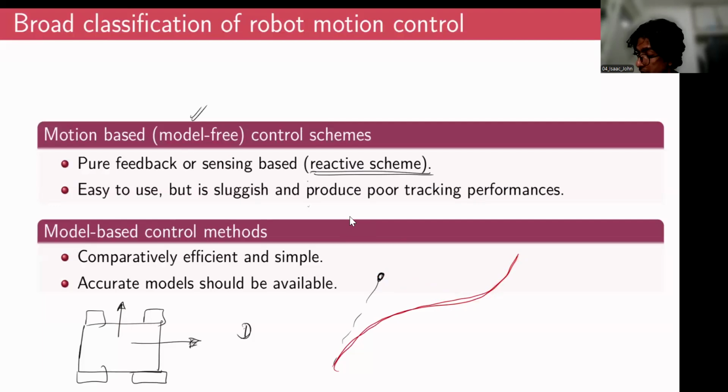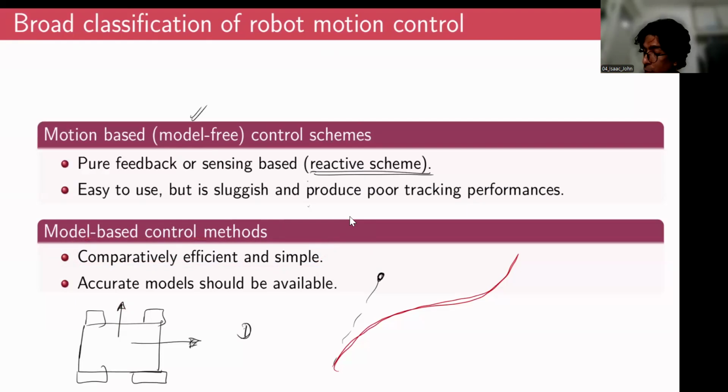And another control scheme is model-based control schemes, purely using models and no sensors. So, these are comparatively efficient and simple because, as I said, if the robot has different inertias along different directions, that physics will be captured by the models, and appropriate control inputs can be given to compensate for that.